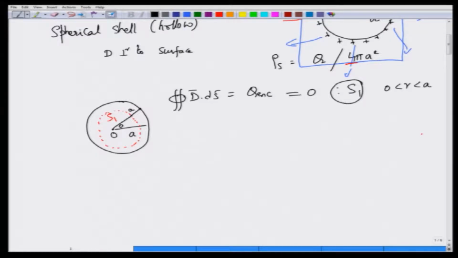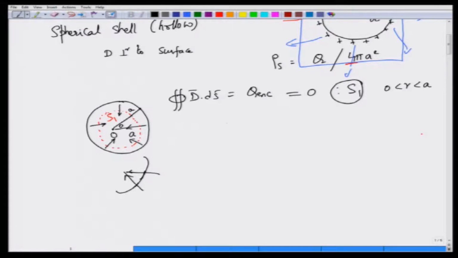Let us do this. On the surface, assume that there is a D field. If there is a D field, then it would be perpendicular, right, to the surface. So, if this is a sphere, all the lines which are along the radial direction will be perpendicular to the surface of the sphere. So, what is the incremental surface area that we have on the surface of sphere S1?